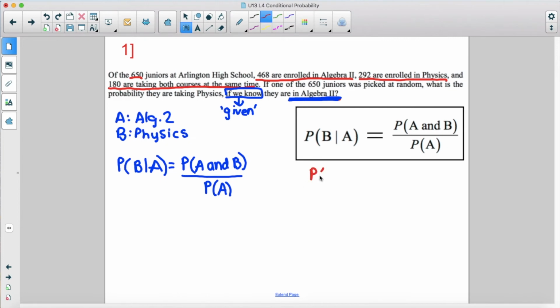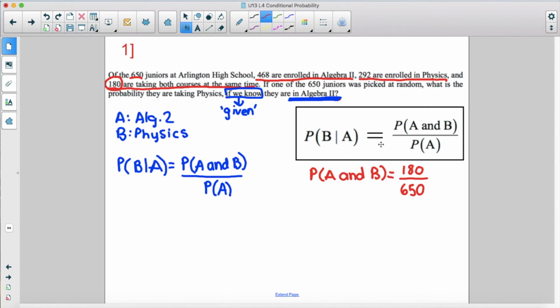So first let's find the probability of A and B. So this is the probability that they're taking both courses. Notice there's no given here. It's just A and B. So the probability that they're taking both courses, it says here that 180 students are taking both courses. So the probability of A and B is 180 over the total 650 juniors.